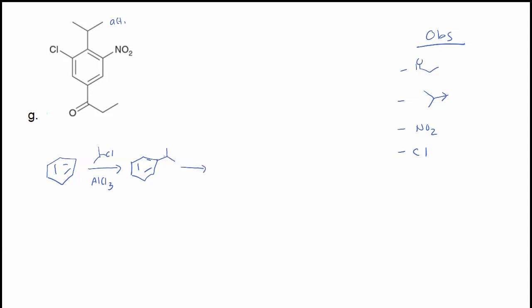So now I can add the acyl group. And once we have that acyl group on there, then I can add the nitro group.